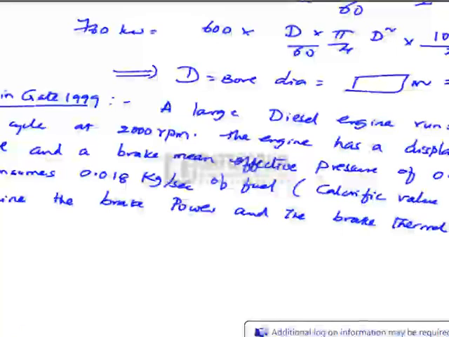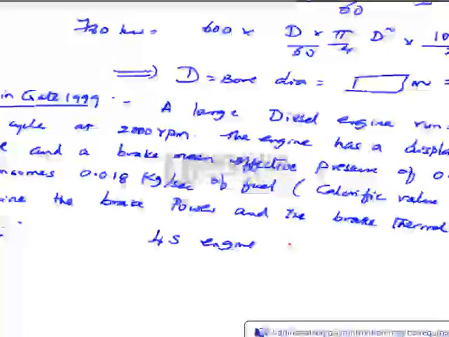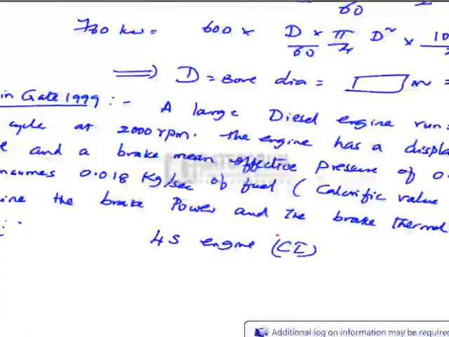Now the solution to this problem could be given as: the given engine is a 4-stroke cycle engine, 4-stroke engine, CI engine, diesel engine, and the displacement volume, pi by 4 D square L, is 25 liters, that is 25 into 10 power minus 3 meter cube.